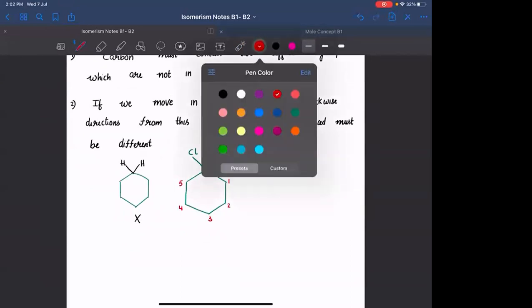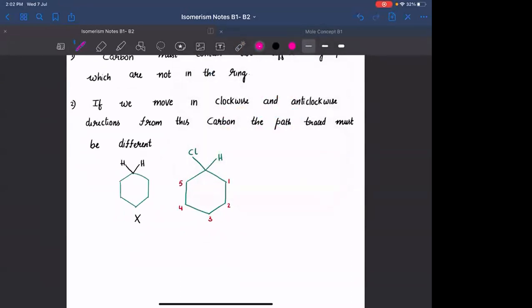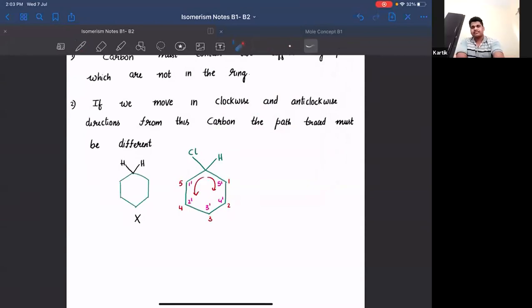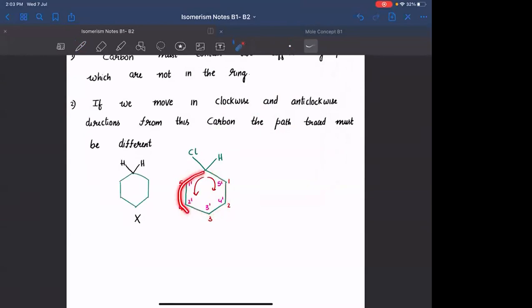In anti-clockwise sense, 1 dash, 2 dash, 3 dash, 4 dash, 5 dash. क्लॉकवाइज डायरेक्शन में जो पाथ है, एंटी क्लॉकवाइज डायरेक्शन में जो पाथ है, आर दे सेम और आर दे डिफरेंट? Whenever I am tracing this particular path and this path, are these two different paths or same paths?